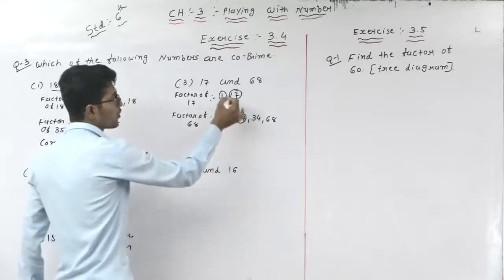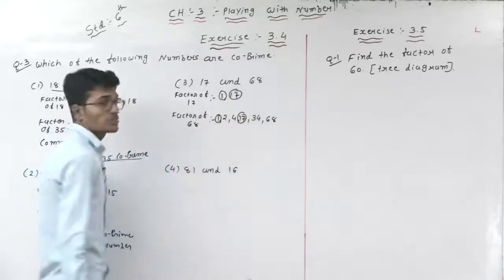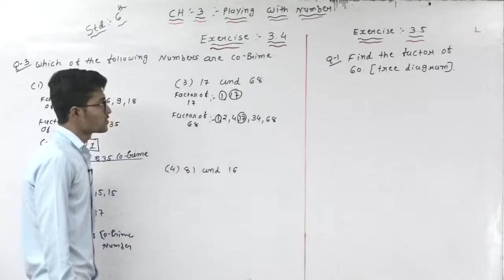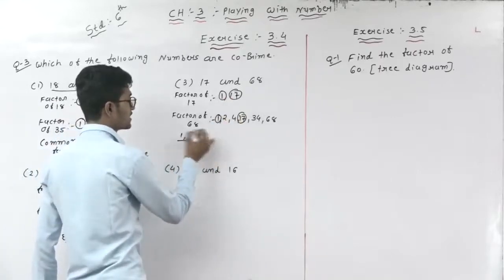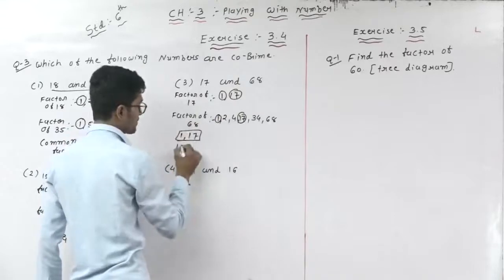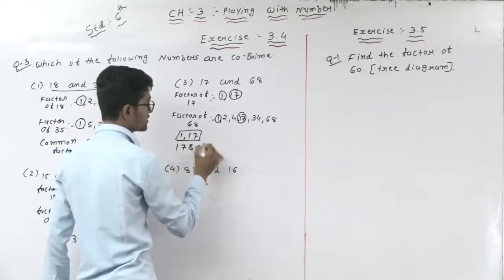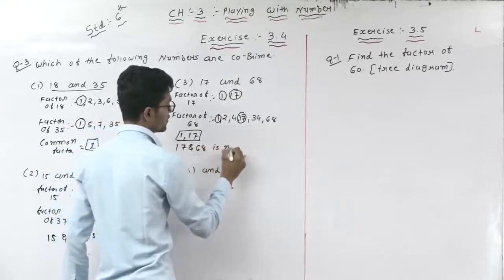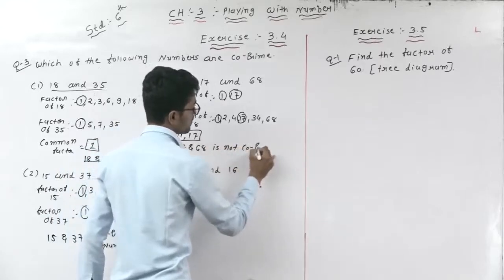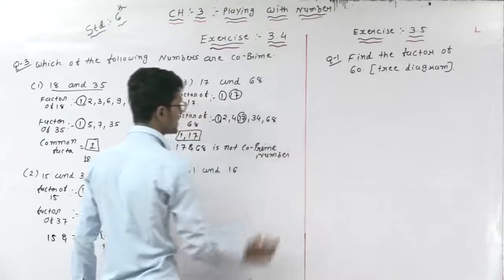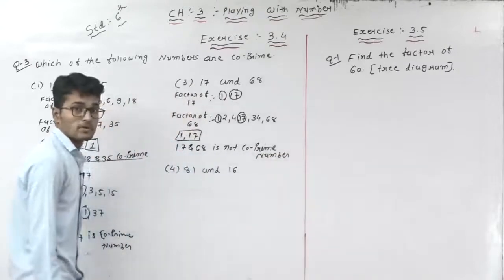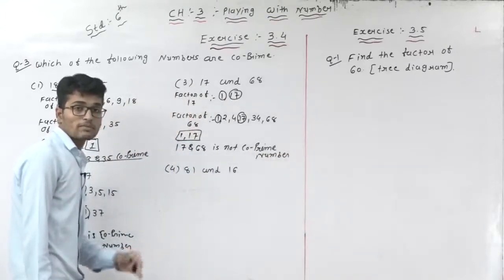So here there are two common factors, 1 and 17. So is this a co-prime number? No, this is not a co-prime number. Why? Because here the common factors are 1 and 17. So 17 and 68 are not co-prime numbers. Understand how to find co-prime numbers?